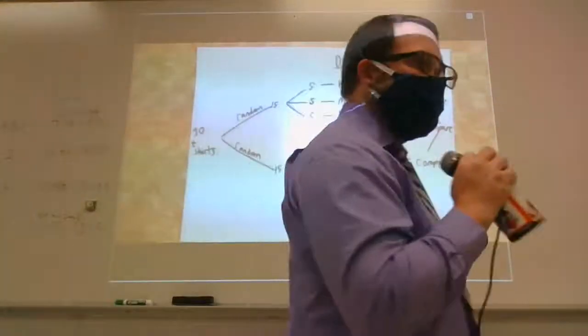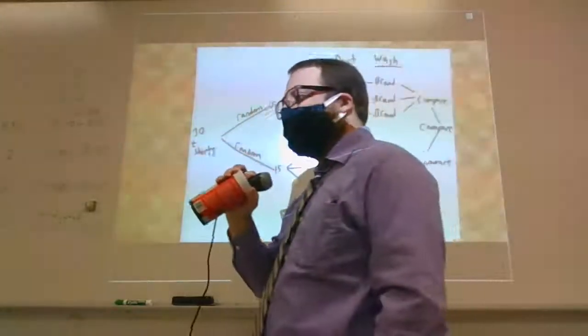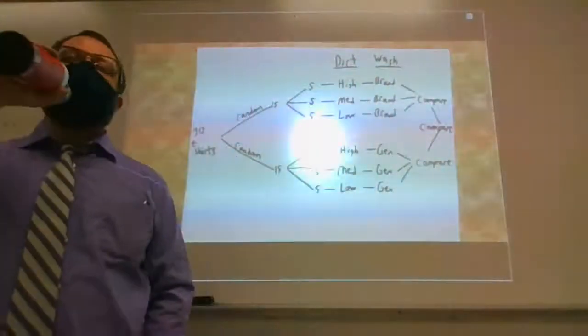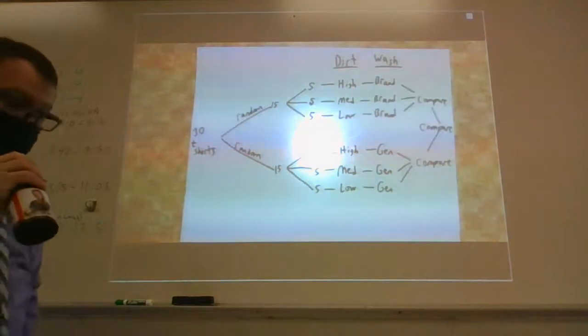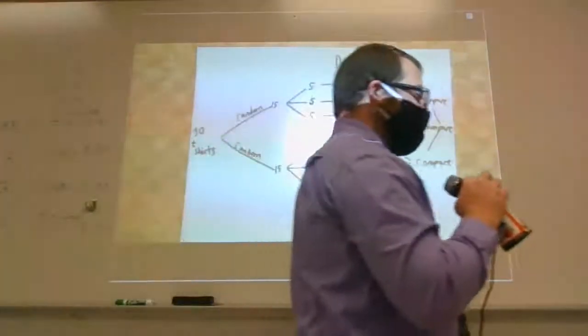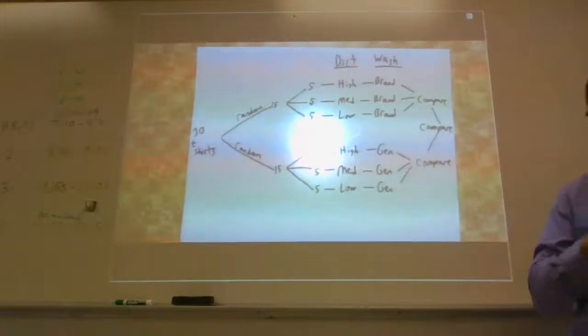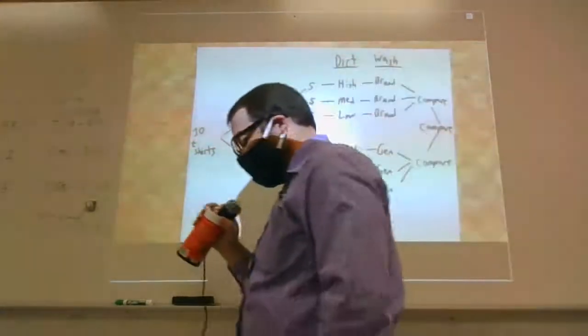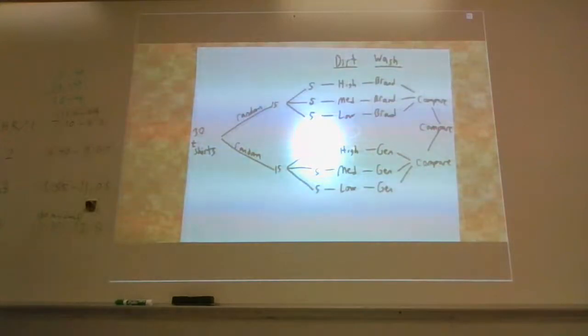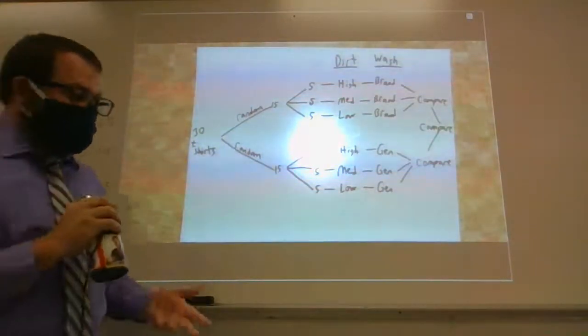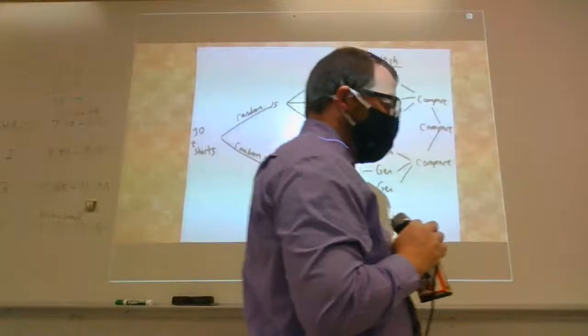Sometimes it's a good idea for you to be blinded, because imagine if you knew that some of you got the JFK strip and some of you got the JF strip. If you knew, some of you might be kind of annoyed. Crap, I got the harder one. And that could affect my results. Perhaps people who got the JF strip would be trying harder as a result, or people who got the JFK strip would not be trying as hard because maybe they thought, oh, it's easier. So I had to blind you to that fact.